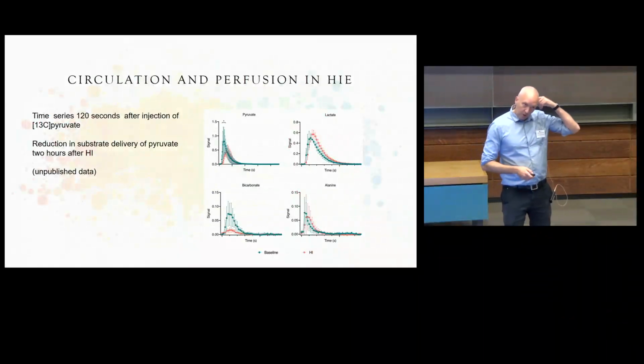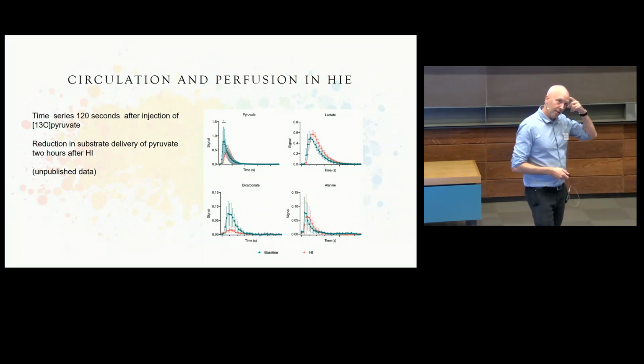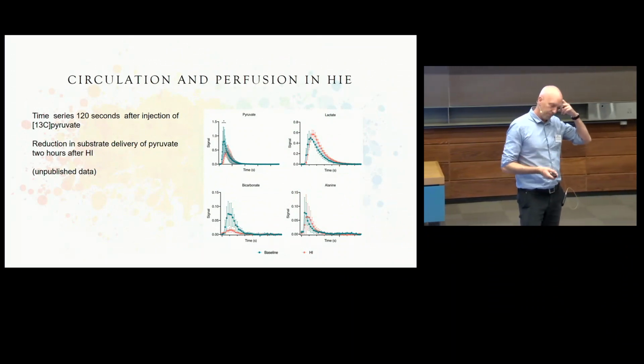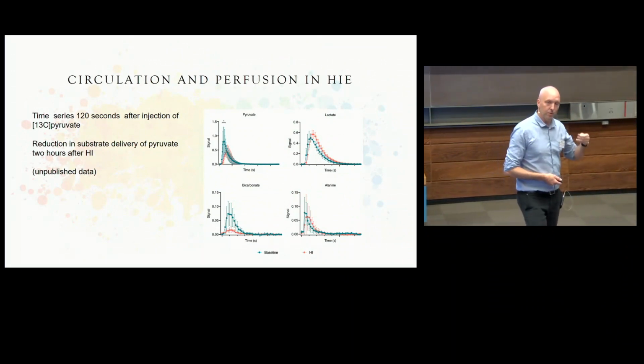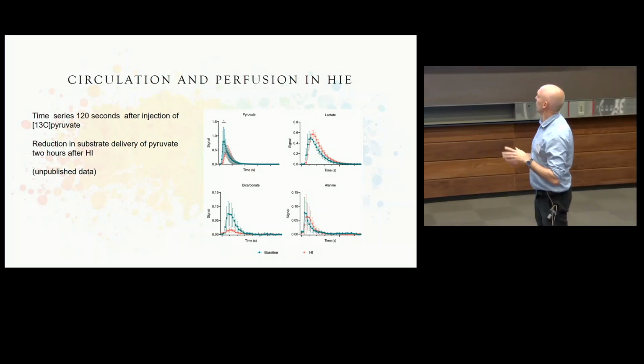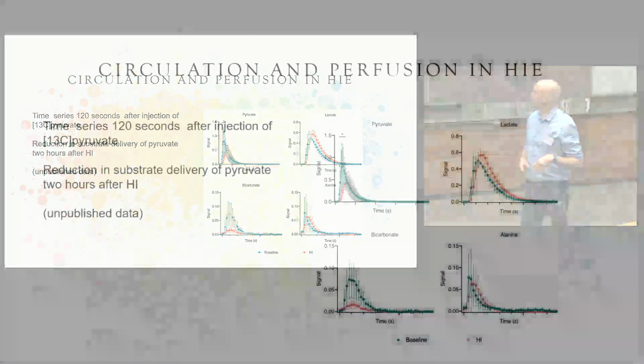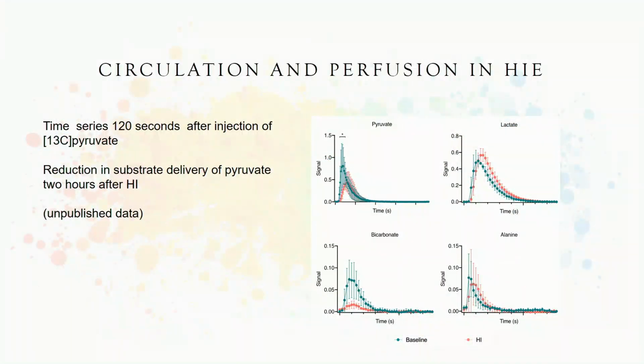This is work done by Ted Andelius, who's a postdoc in our group, and Christopher Larsen, who's an MRI professor, and this is unpublished data so far. But they and we tried this in the piglet model, so more of a proof of concept. And we found that we could see differences in the pyruvate metabolism.